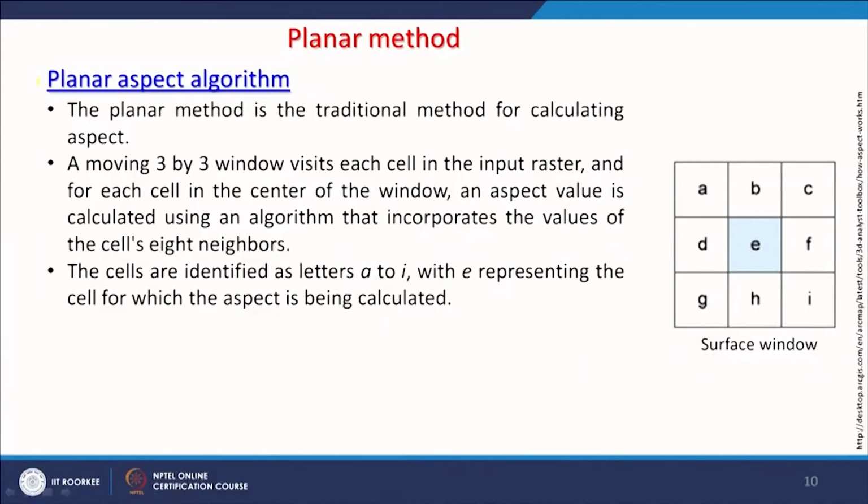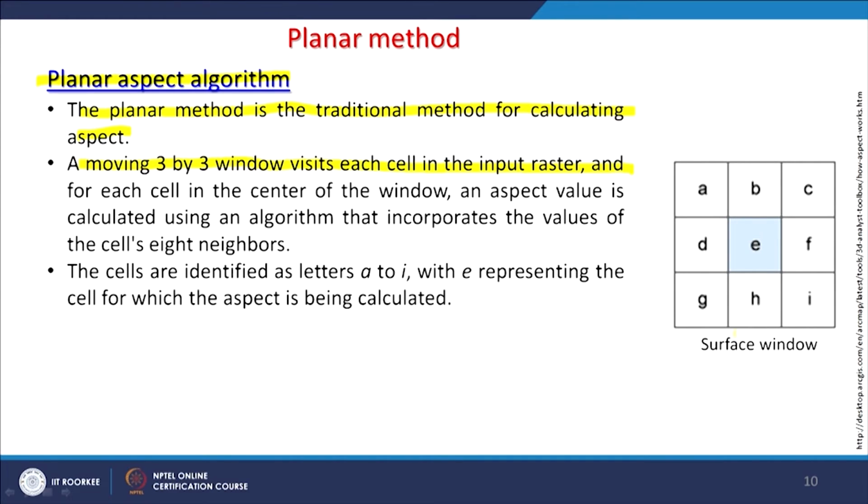Now, when we go for this planar aspect algorithm, this planar method is the traditional method for calculating aspect, but there are some other developments also. The moving 3 by 3 window visits each cell in the input raster, and the aspect value is calculated using an algorithm that incorporates the values of each of the 8 neighbor cells.